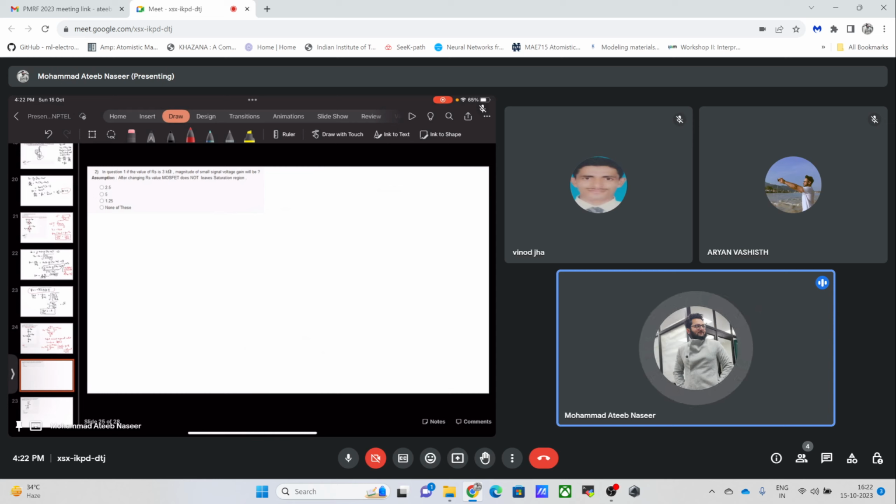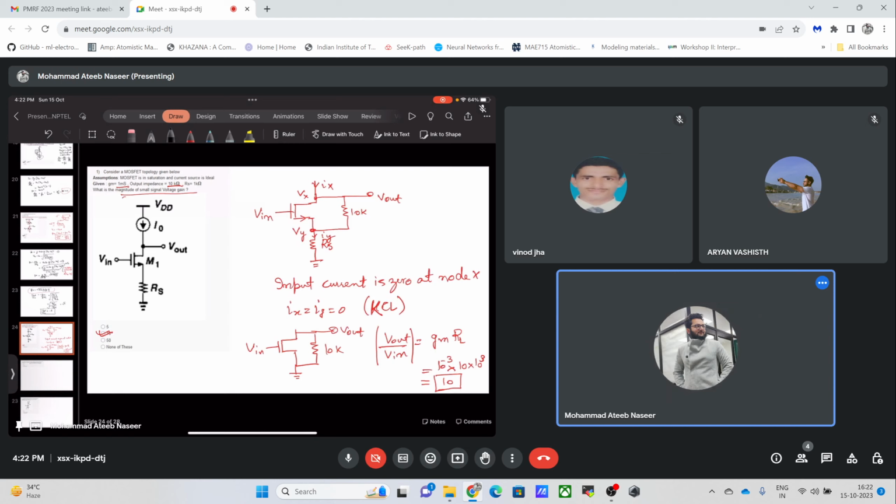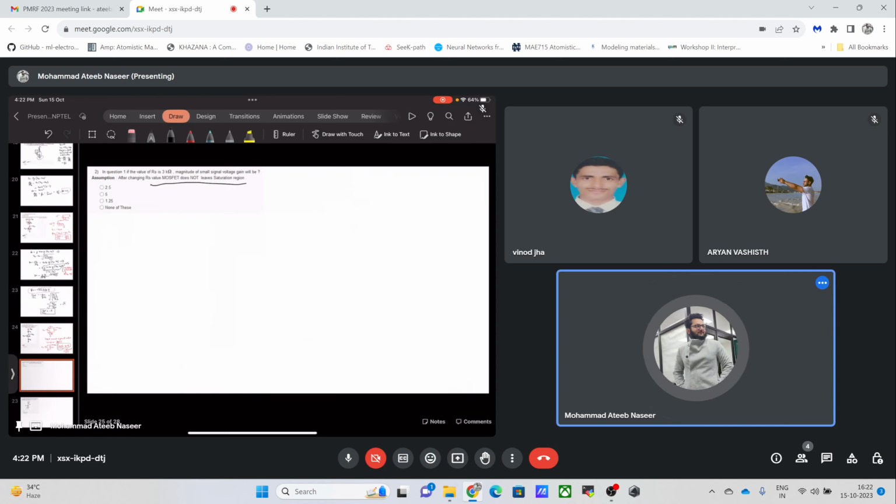We have to assume that this Rs value does not change the biasing, or does not move the MOSFET from the saturation to the triode region. It keeps it in the saturation region itself. But we have seen in this equation that Rs does not come into the picture. The gain is independent of Rs.